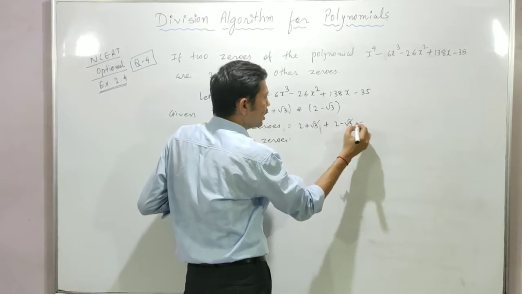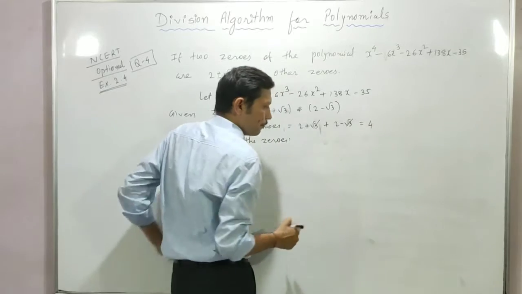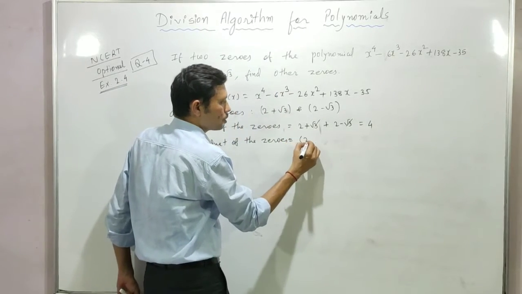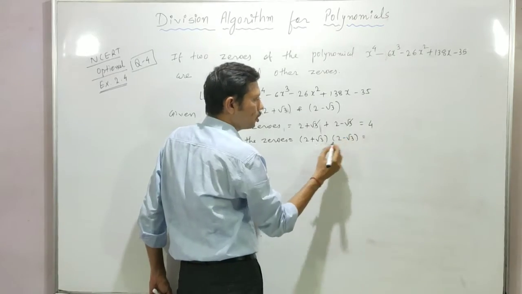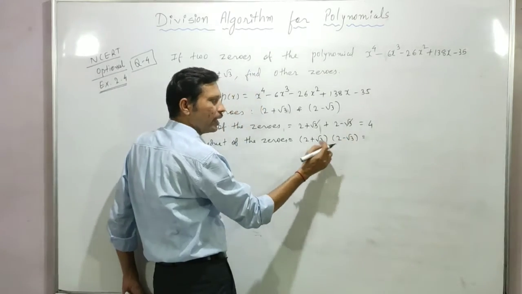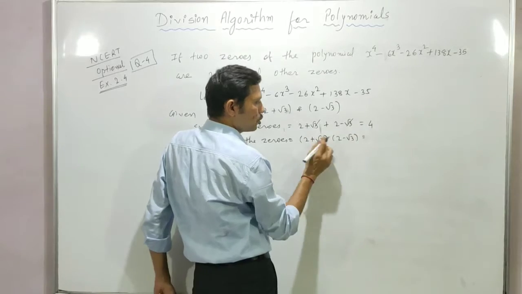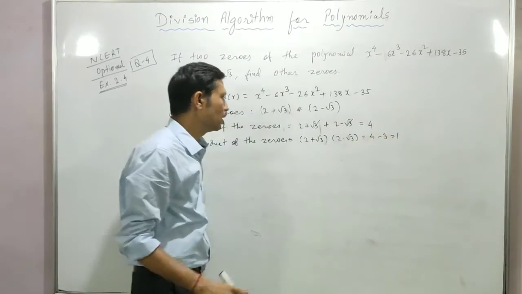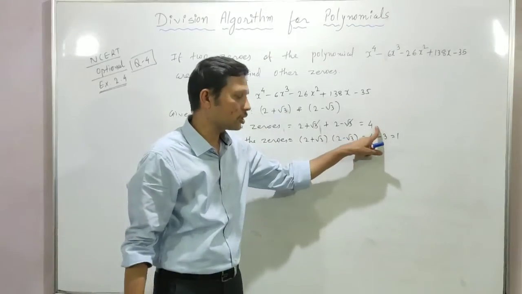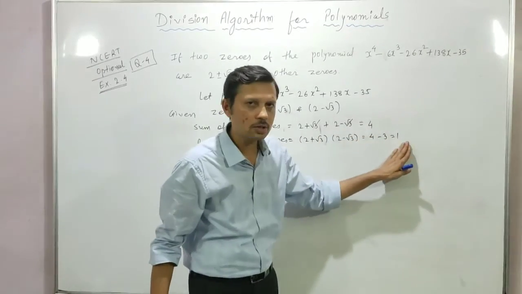Plus root 3 and minus root 3 cancel out, so 2 plus 2 becomes 4. And the product of the zeros, 2 plus root 3 times 2 minus root 3, is of the form (a plus b)(a minus b), a square minus b square. So 2 squared is 4 minus root 3 squared is 3, that is 1. So the sum of the zeros is 4, and the product of the zeros is 1.